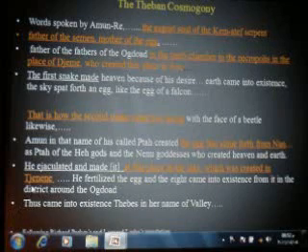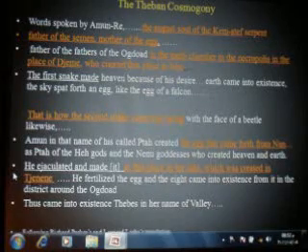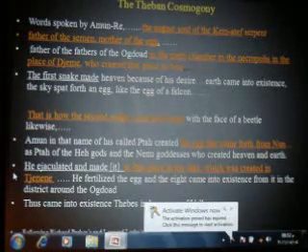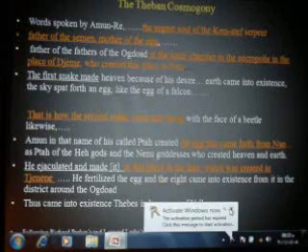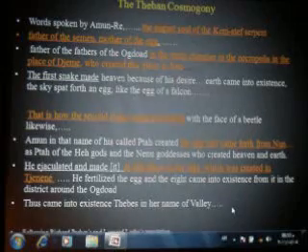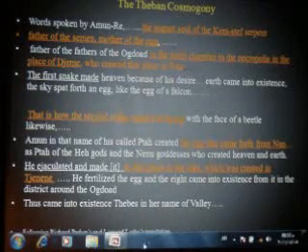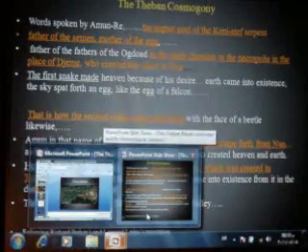It was the face of the earth. That is how the second snake came into being, with the face of a beetle likewise, while the cow before his predecessor went forth, and it goes on. Ammon, in that name of his called Ptah, created the egg that came forth from Nun, and then we have a lacuna.